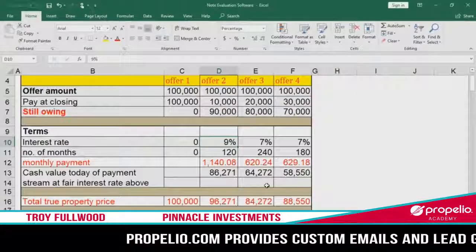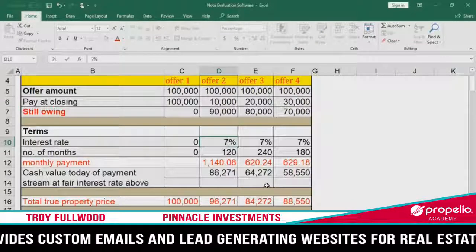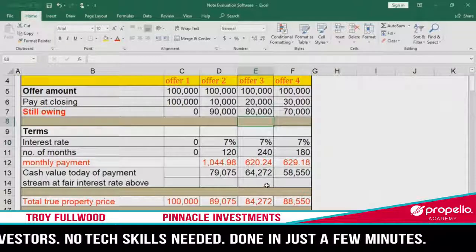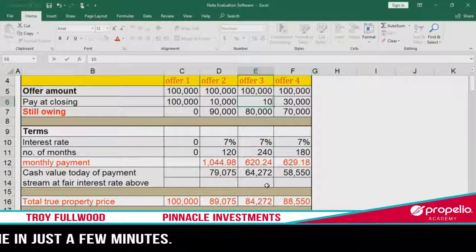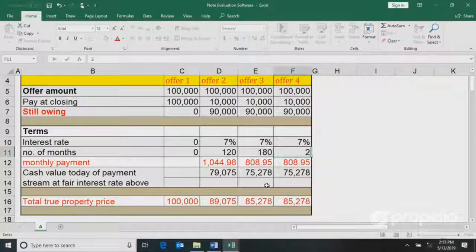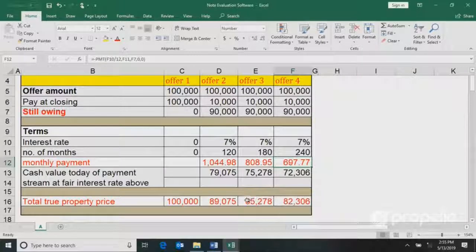So if you do offer number 1 at 7% at 120 months, and I'm going to go right up here real quick, do $10,000 as a down payment. And we do them all at, say, 7%, but I'm going to change this to 180 months and 240 months. And I'm doing this as an example because oftentimes people will think that there's huge changes.